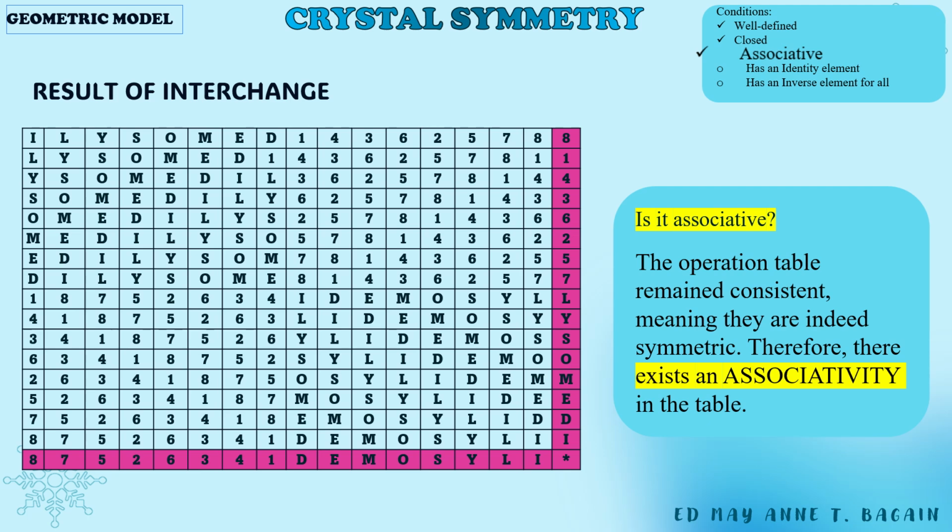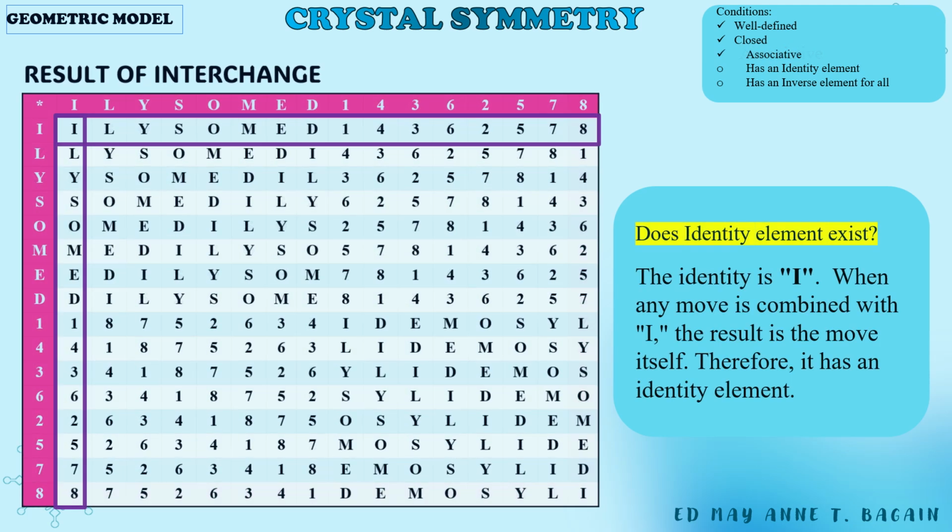So next condition would be: does an identity element exist? So the identity is I, as we can see. When any move is combined with I, the result is the move itself. Therefore, it has an identity element. Because anything that you multiply with I, the result will always be the same as what you multiplied it with, which is itself.